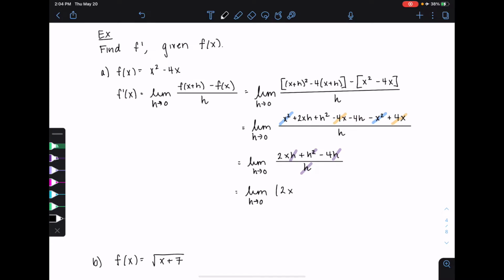We're left with a 2x, a positive h, and a negative 4. Now 0 problems, if I plug in h equals 0, it doesn't cause me to divide by 0 anymore. So no issues plugging this in. That's 2x plus 0 minus 4, which gives us 2x minus 4.